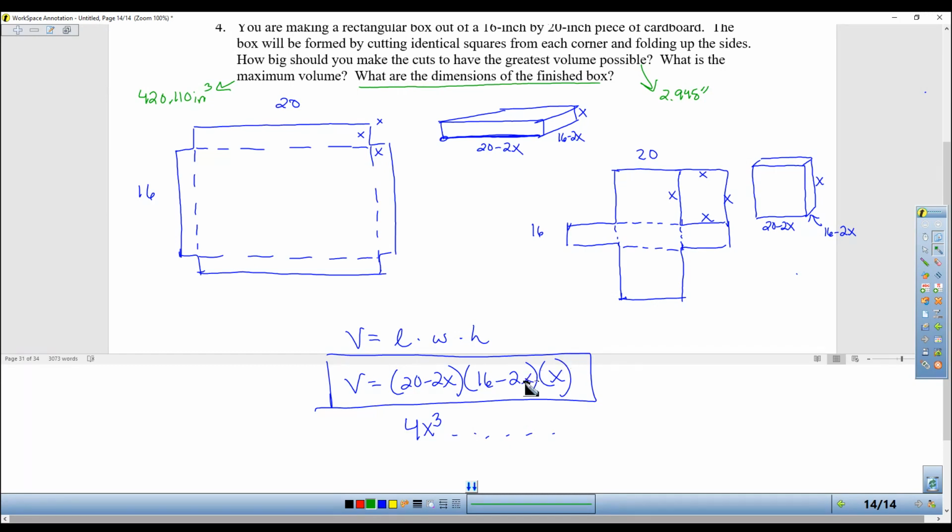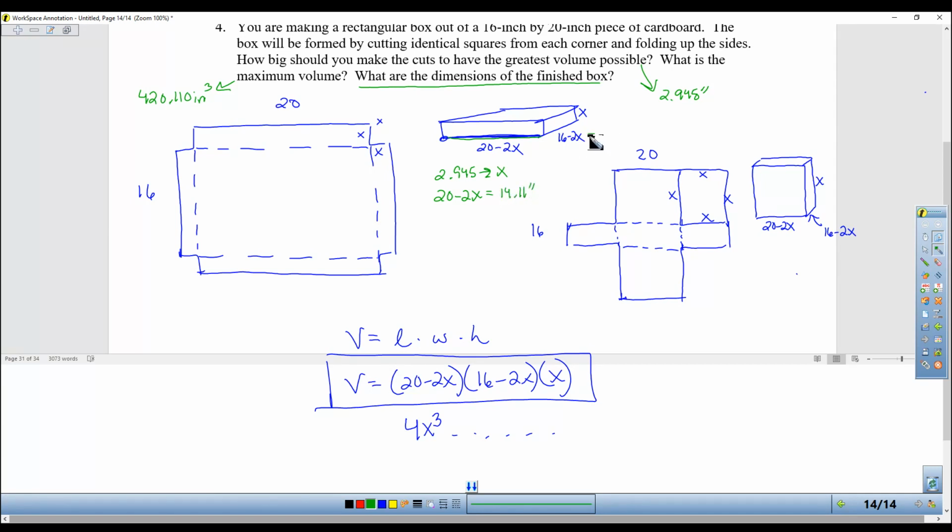So remember, these were the dimensions. After you cut that 2x out, 20 minus 2x is this side. So what you can do is store 2.945 as x on your calculator, and then just type in 20 minus 2x. Much easier for getting the answer, which is going to be 14.11 inches.